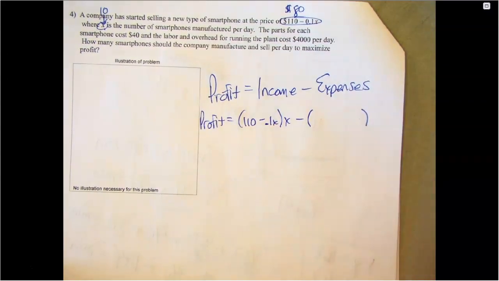Our expenses. What? Why is it 100 minus 1x times that?